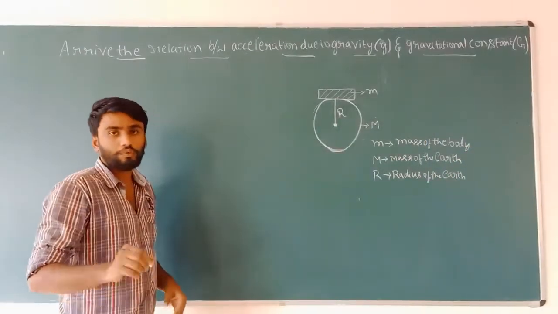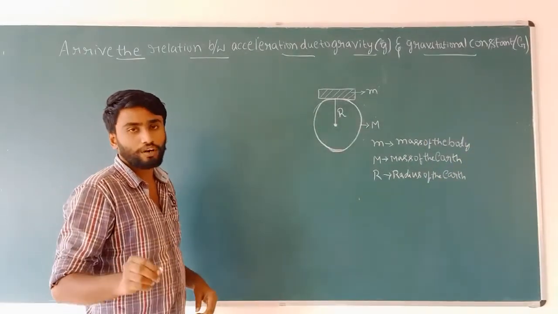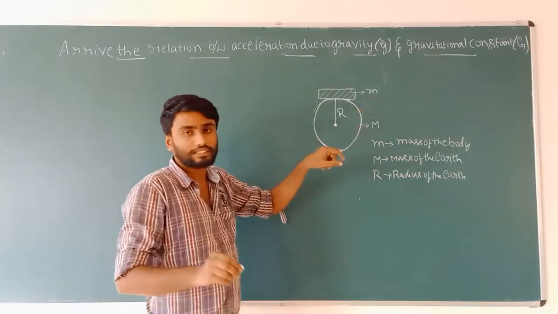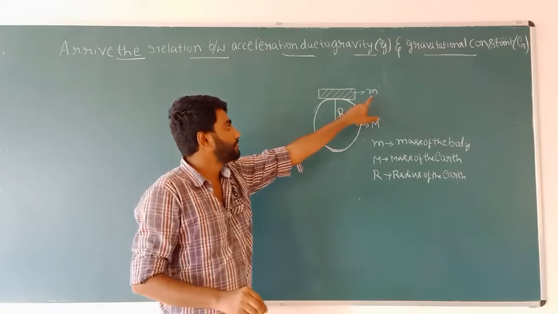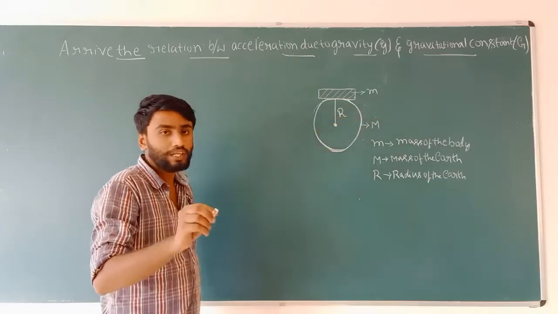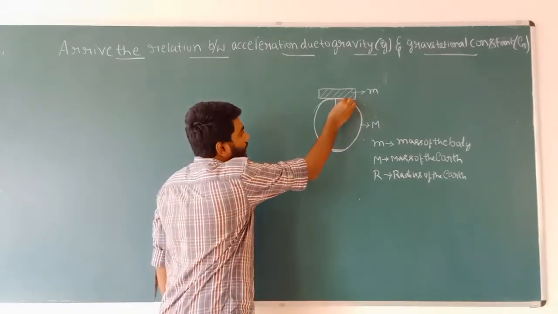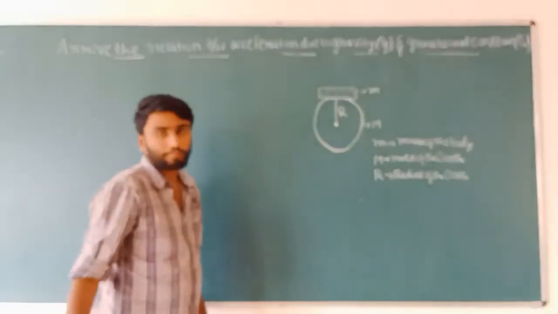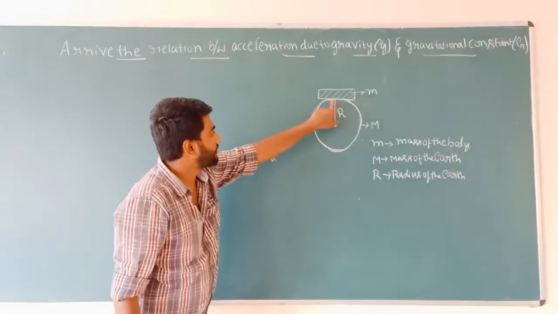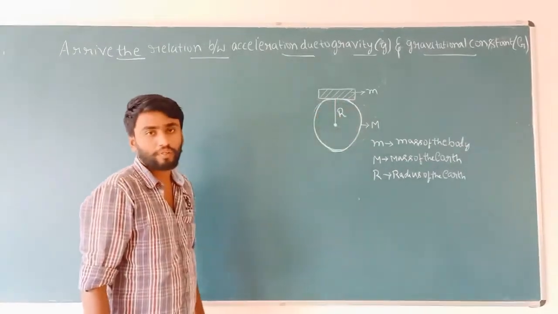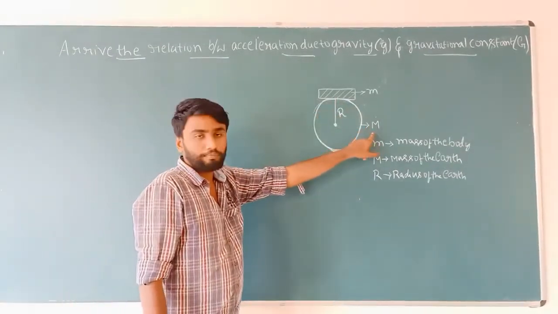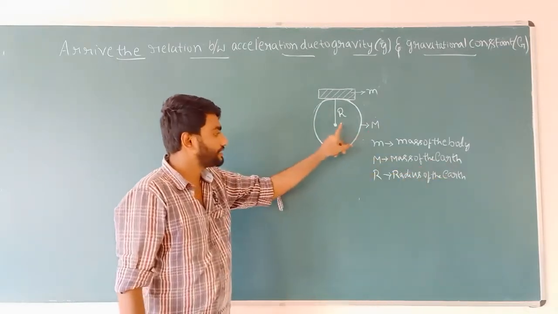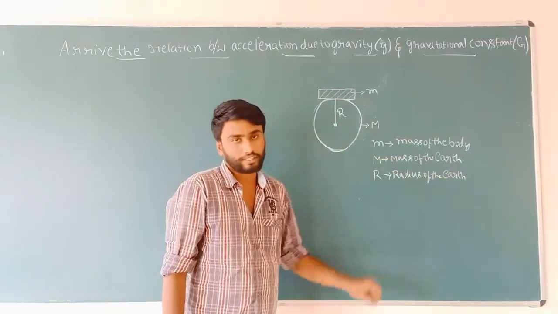So now consider a body of mass small m placed on the surface of the earth, where capital M is the mass of the earth, r is the radius of the earth.